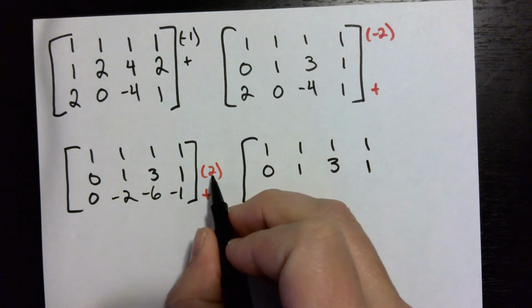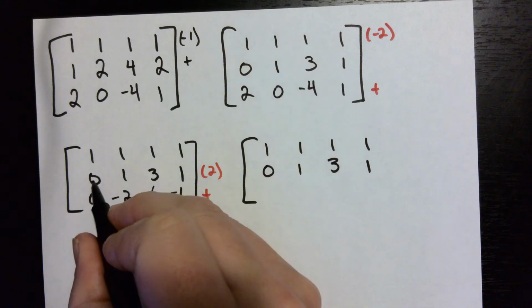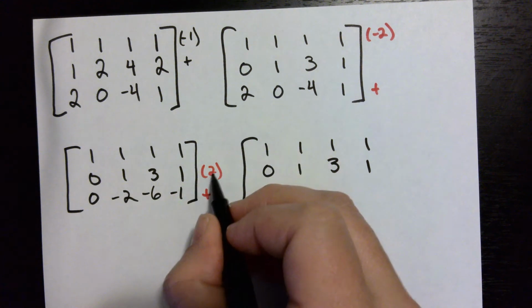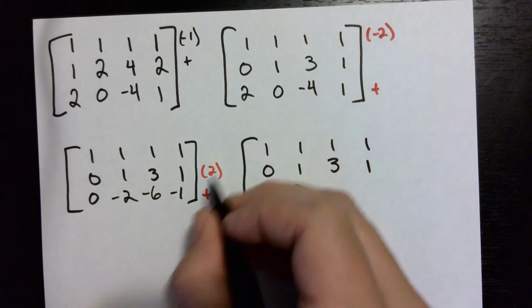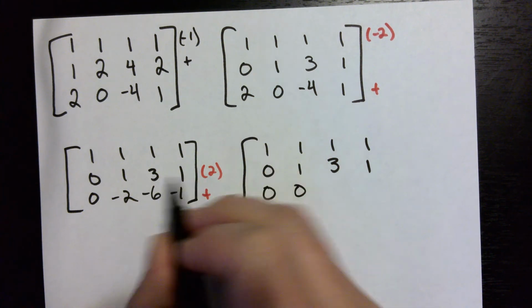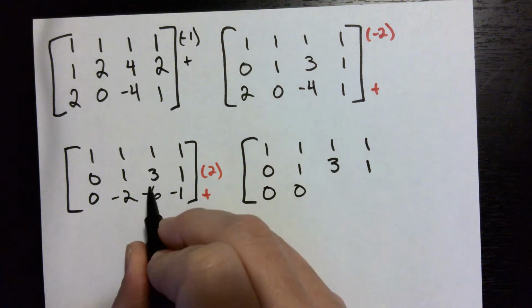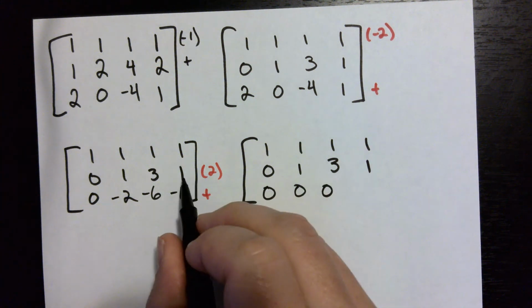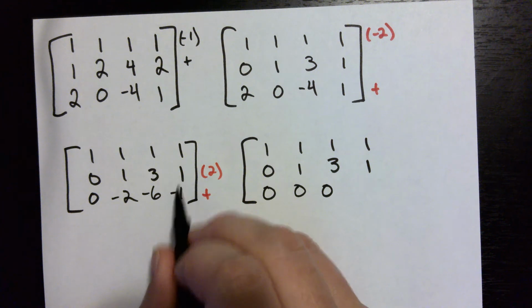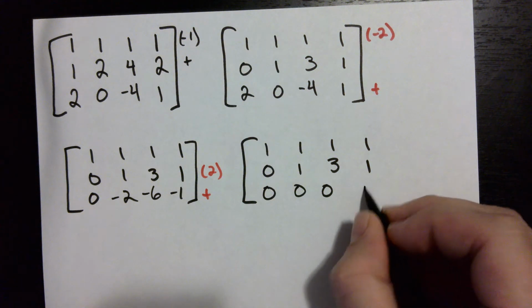And then 2 times 0 is 0, plus 0 is still 0. 2 times 1 is 2, add that to this and you get 0. 2 times 3 is 6, add that here, you get a 0. And then 2 times 1 is 2, minus 1 is 1.